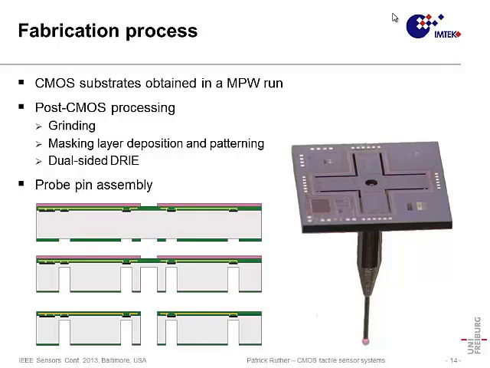So this is the green area here, and dual-sided deep reactive ion etching to generate trenches from the backside that stop at the depth so that we obtain membranes with a thickness of 20 microns, and to release the structure when we open it from the front side to have this truss structure. The central hole here is simply integrated to facilitate the assembly of a tactile pin. You clearly know where the pin has to go to, and it's centered.